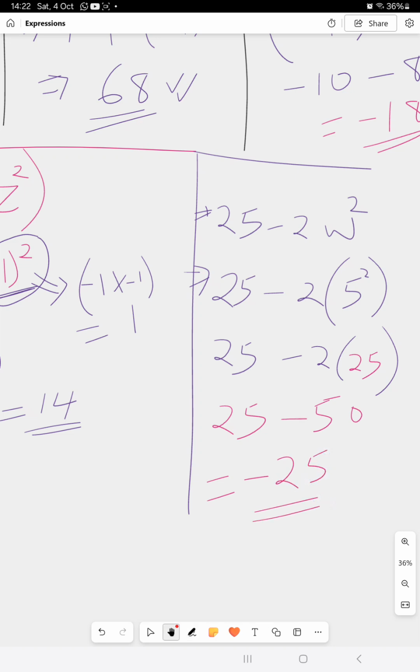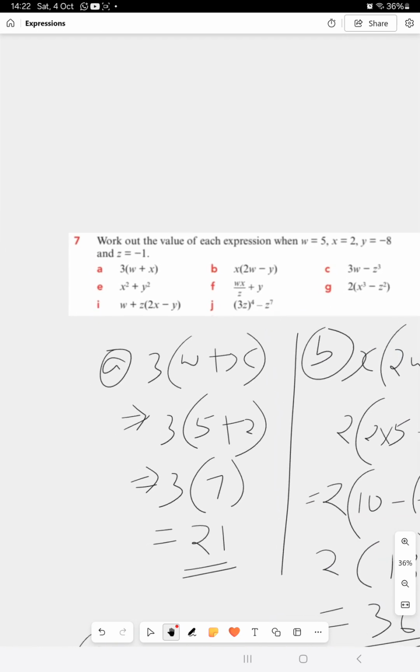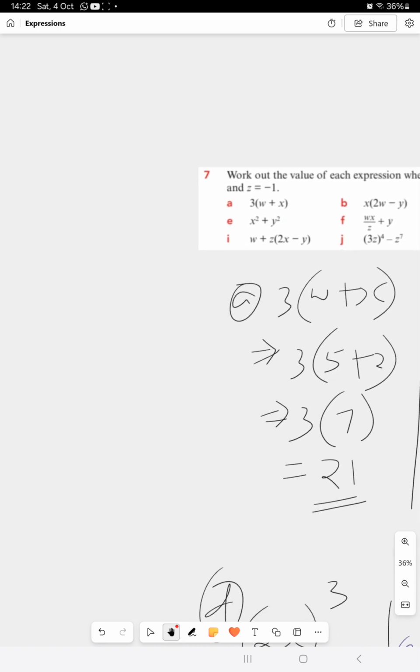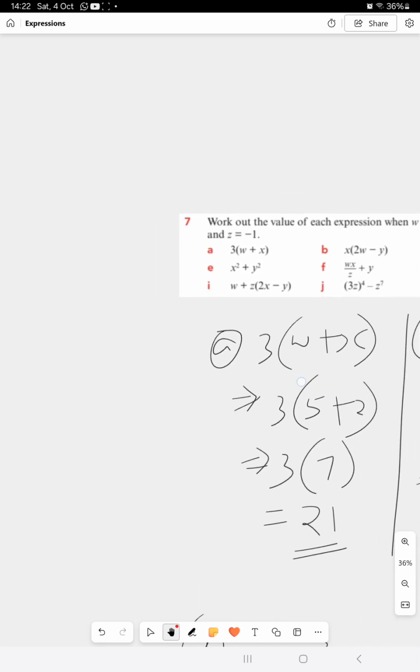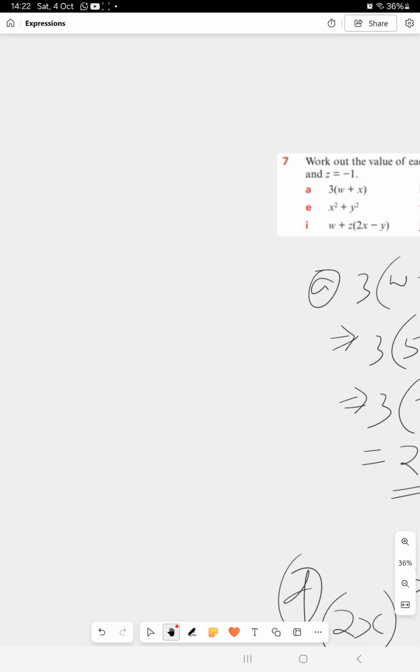Next, we quickly do the other question. You're given it is w plus z into 2x minus y.